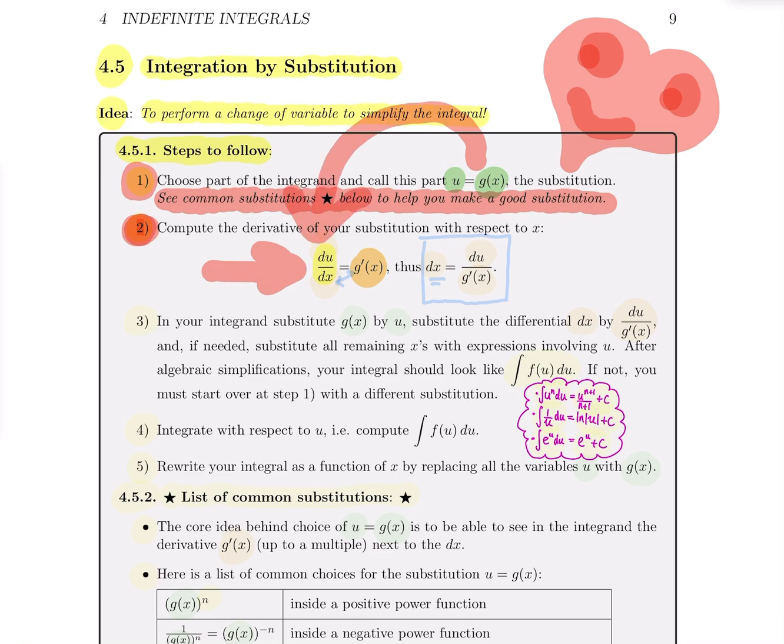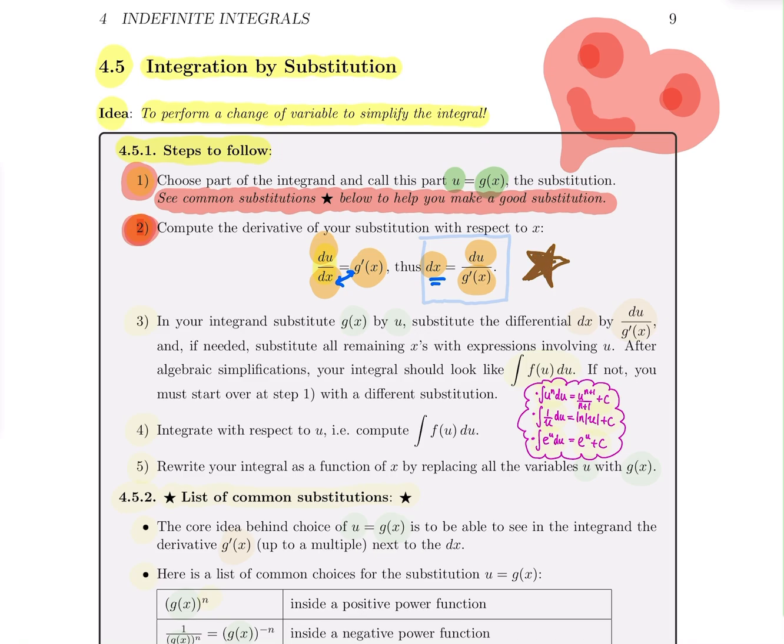So you compute that g prime. And now what you do in every single question, you look at your du over dx as a little fraction, and you isolate dx simply by doing this cross multiplication. So you just swap the dx and the g prime, so they just change places. And this is going to give you a formula for dx, which will always be du divided by g prime.